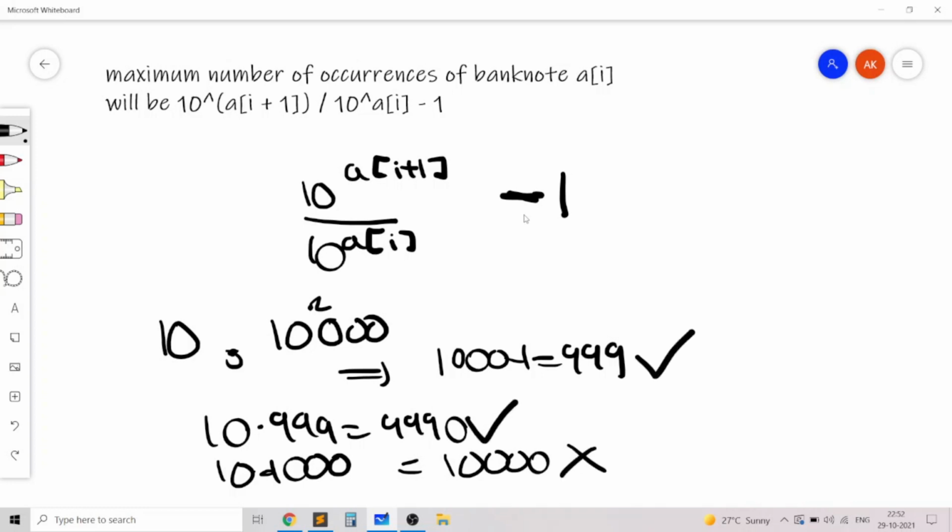That's why in general we can use at most this quantity, so the maximum number of occurrences will be equal to this.